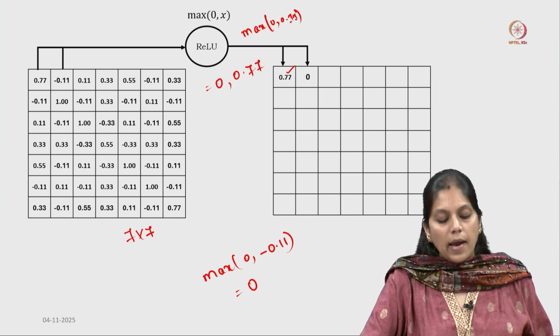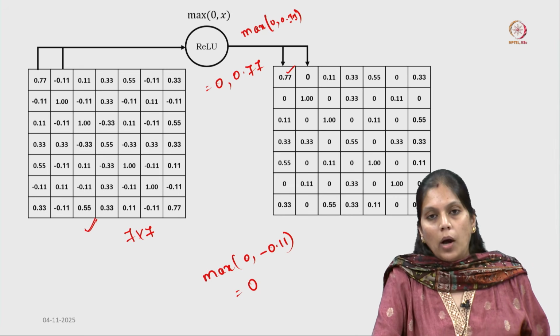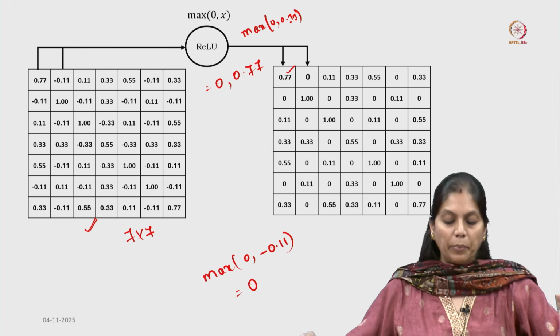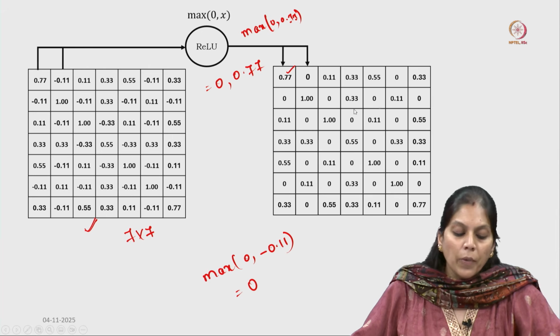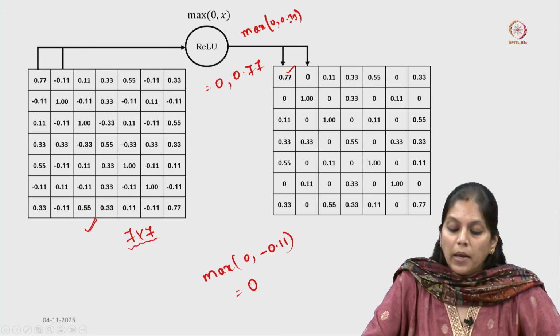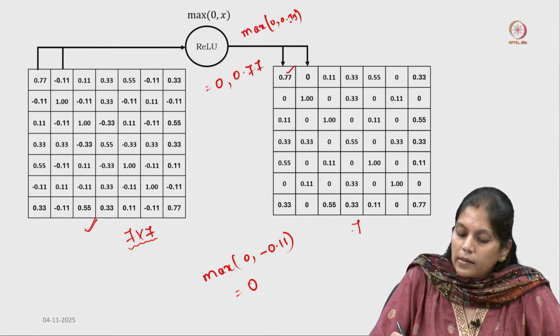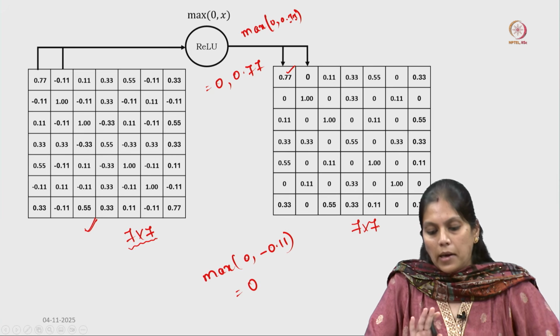Likewise, all the elements from this feature map are passed to a ReLU and we are going to get something like this. If you see here, whatever size we had is the same size that has been obtained. You have nowhere reduced any size.